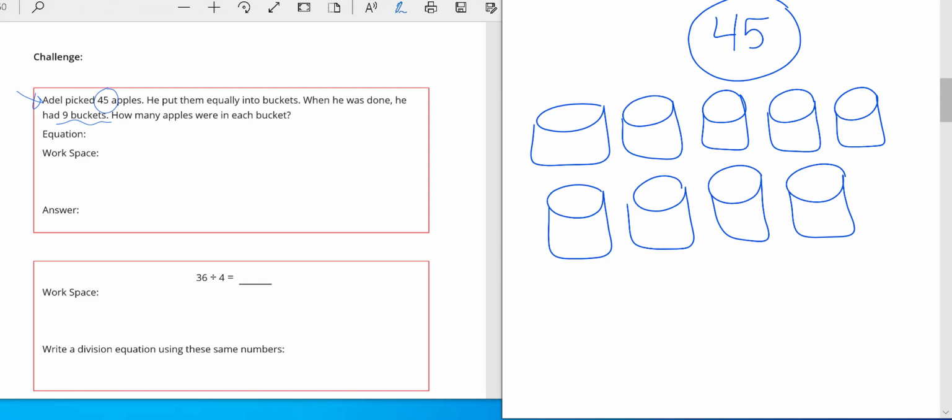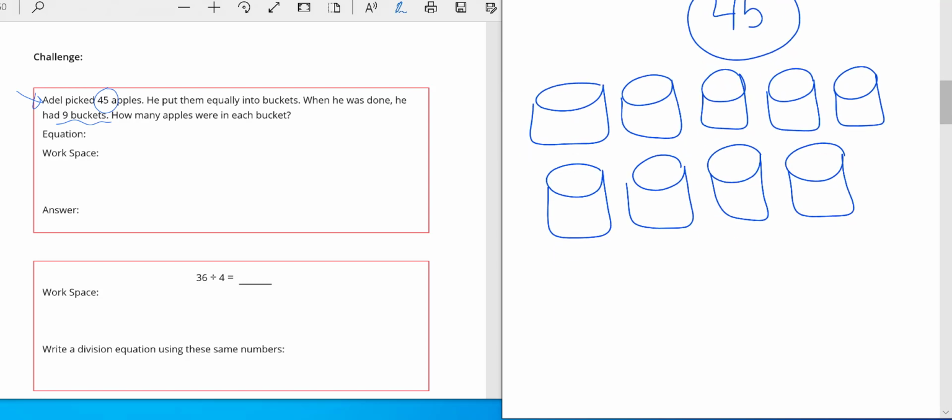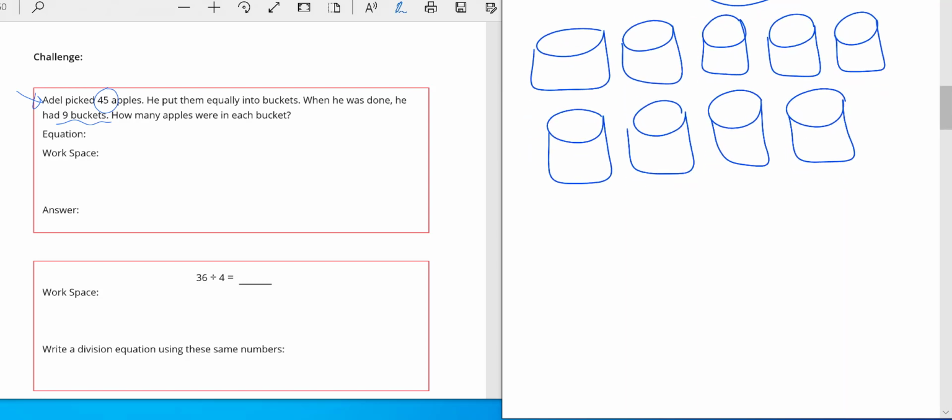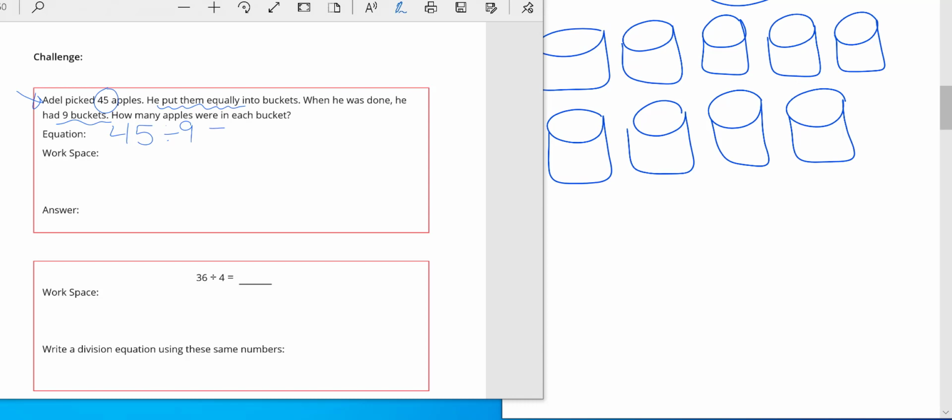Now we don't have any idea about the share of each bucket. So we can do a division operation. Because he put them equally, it means division. So we can say 45 divided by 9 equals what? In the workspace you can use part-whole, skip count by 9 steps, or any strategy you prefer.